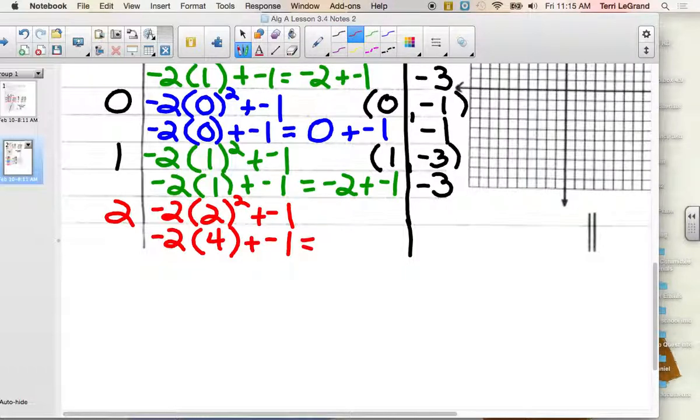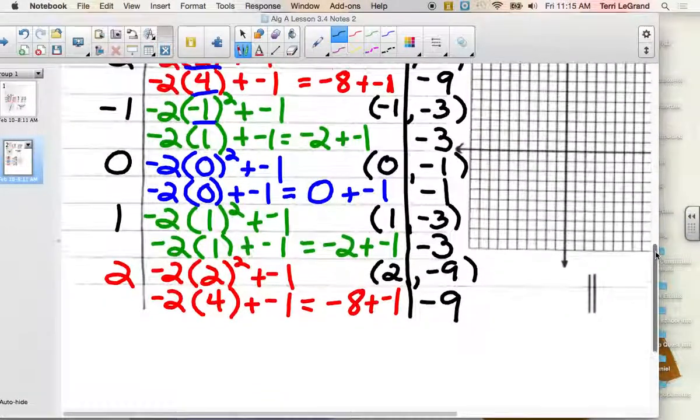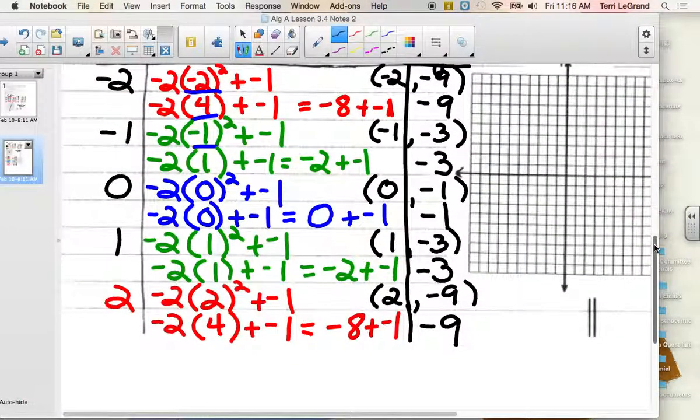And we have -2 times 4 is -8. And -8 plus -1 is -9. So we now have 5 ordered pairs to put on our graph. Go ahead and plot those ordered pairs on your coordinate plane that's been provided for you.